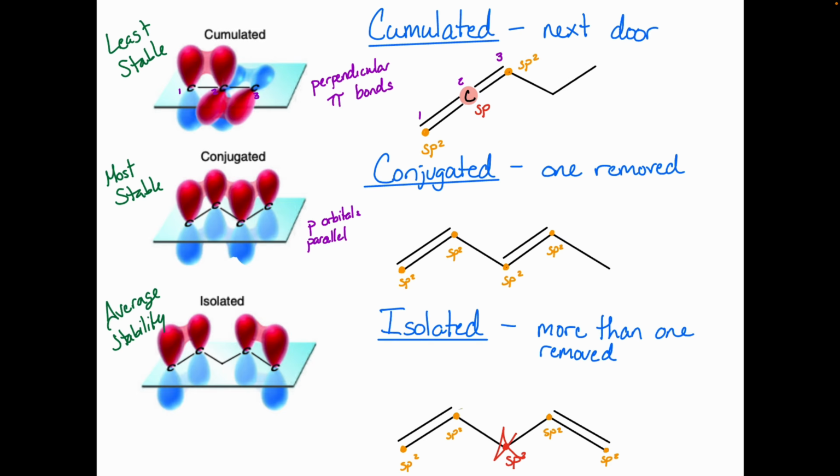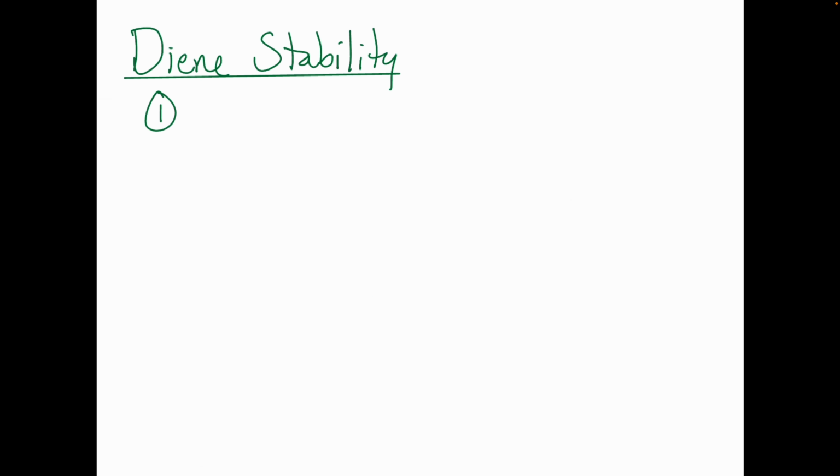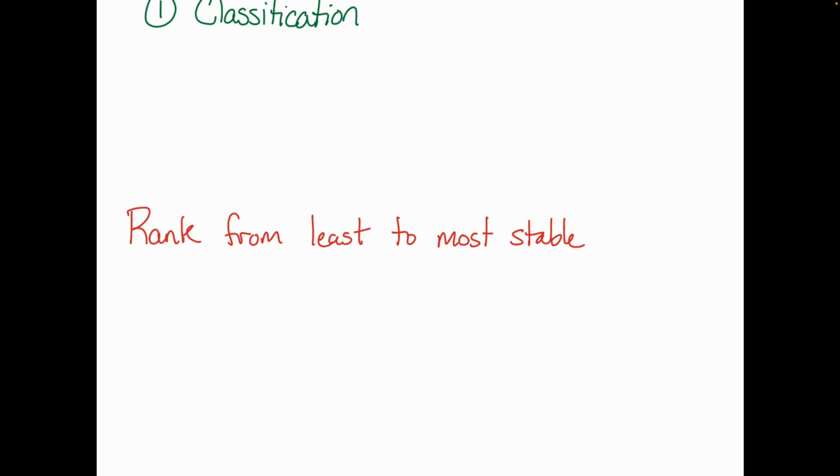All right, so when we're looking at dienes here and we're trying to rank them from the most to the least stable, the most important thing that we're going to look at is that classification. All right, I'm going to add a few more. We're going to complicate things a little bit, so I'm going to leave some space here. But now we're going to do an example. I want you to rank from least to most stable these molecules here.